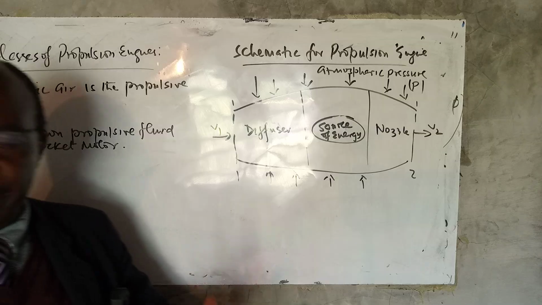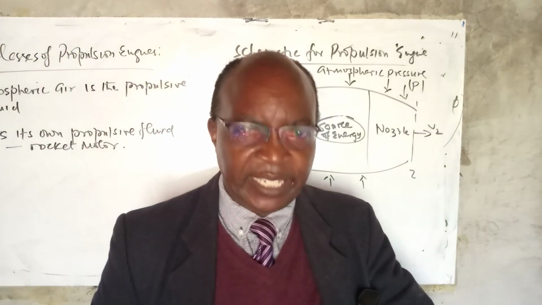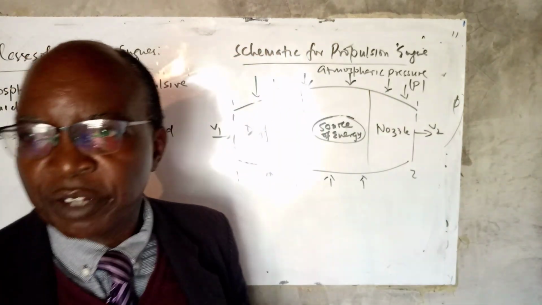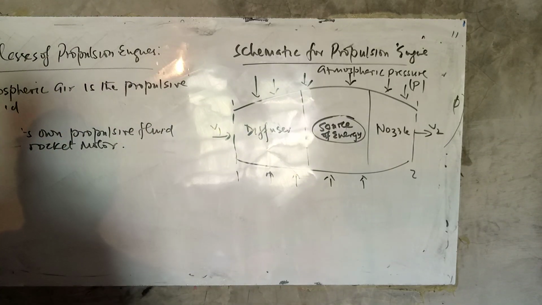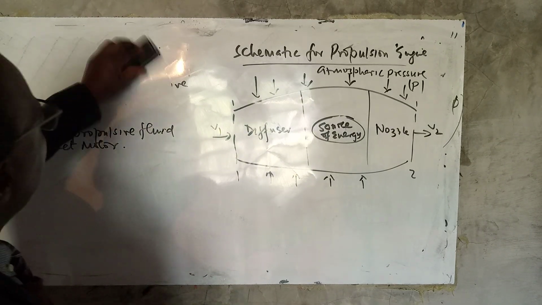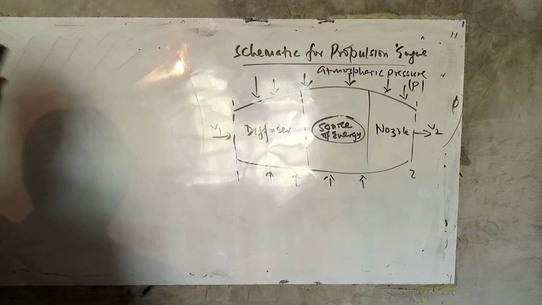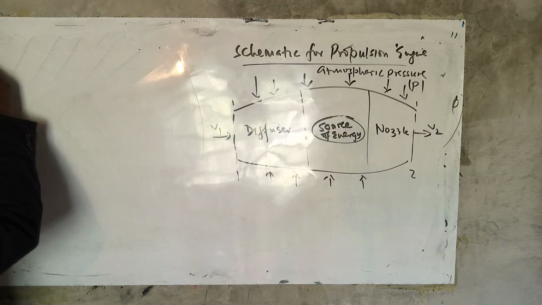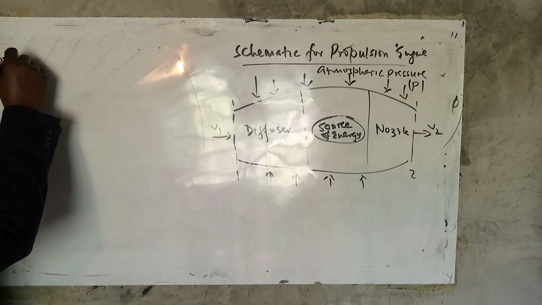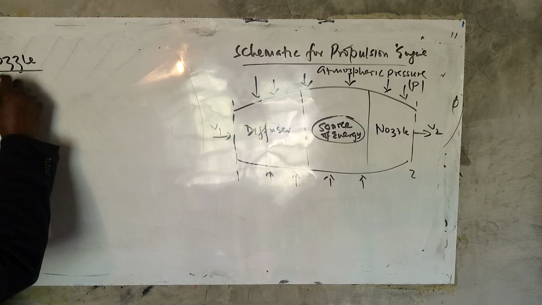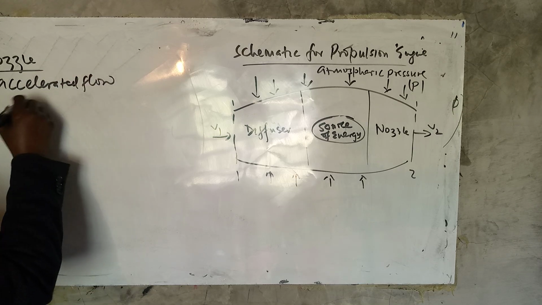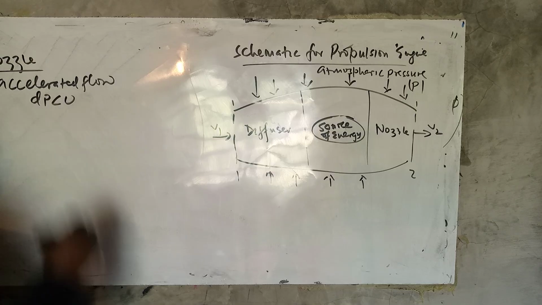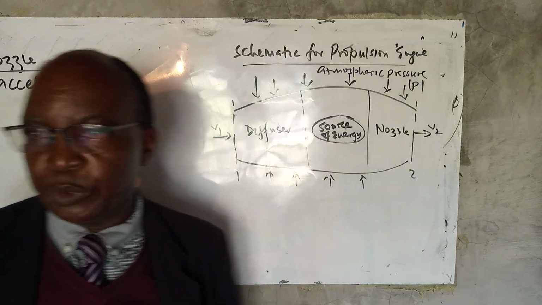Just to remind ourselves, we have had several lectures on steady flow and jet propulsion. One of the things you need always to remember is that in the case of a nozzle, we have accelerated flow, and the pressure is normally reduced.